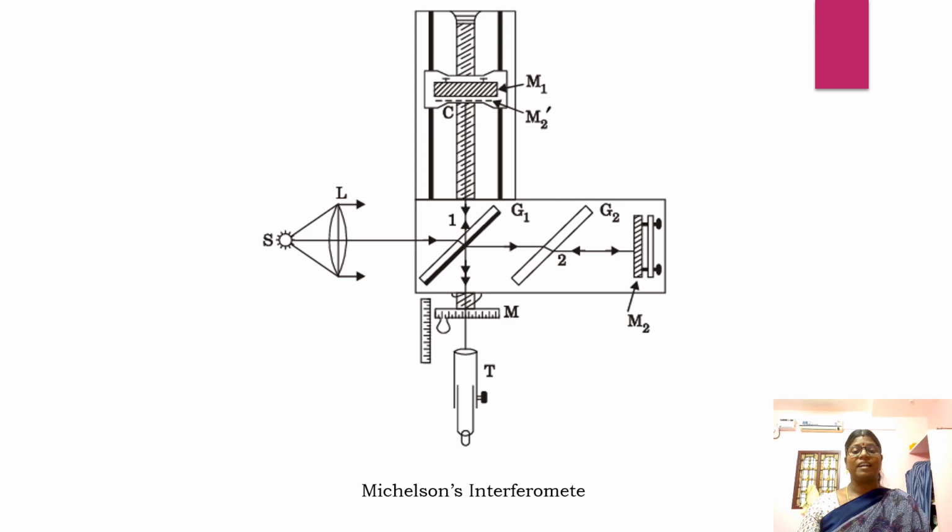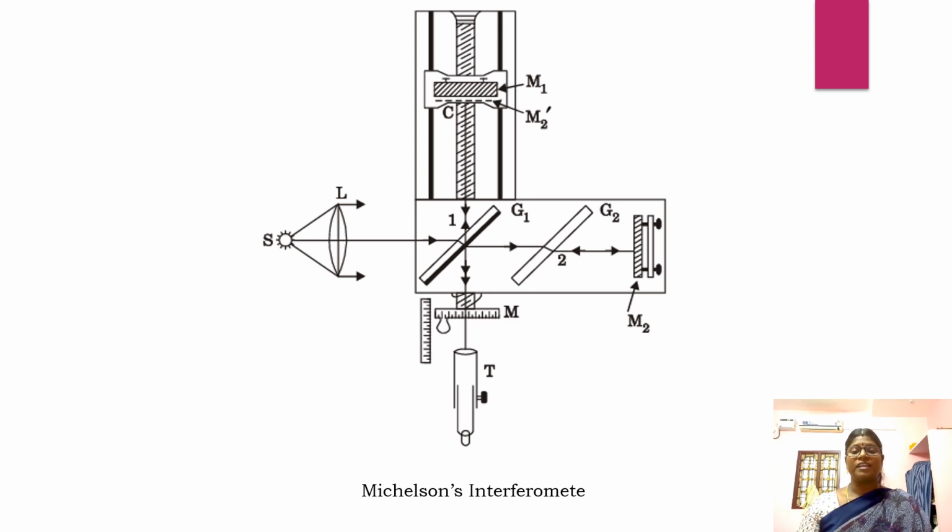The reflected light from the glass plate G1 meets the mirror M1, and the refracted light is made to be incident on the plane glass plate G2. Then that is refracted through the glass plate G2 and meets the mirror M2.